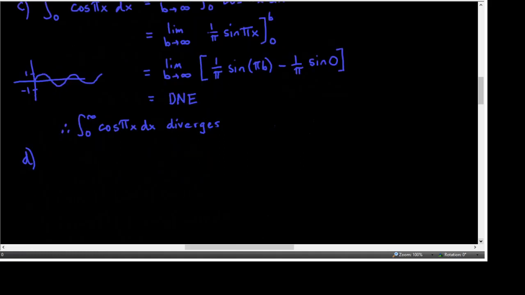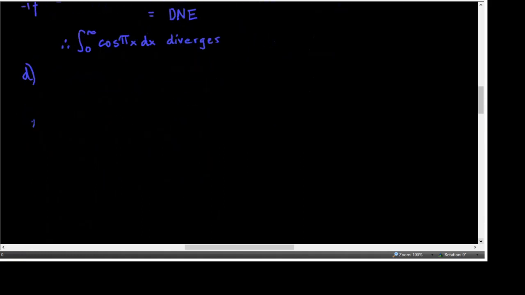Let me move this up a little bit so I have room to work. Okay, let's see, this is the integral from 0 to infinity of x squared e to the opposite of x. So the very first thing we do is we write that improper integral.